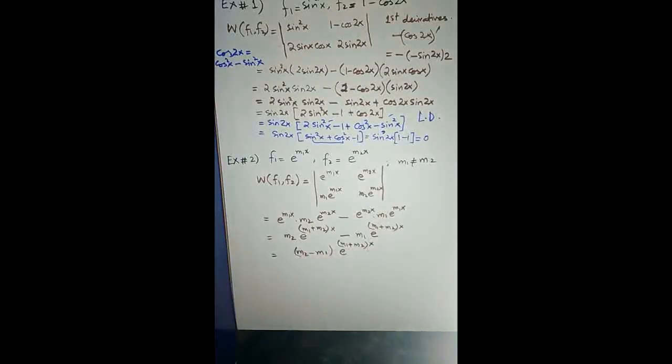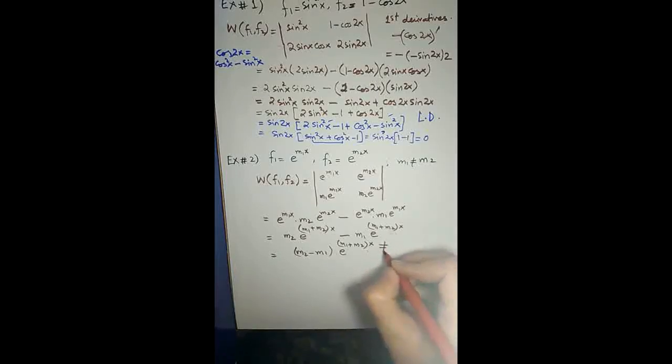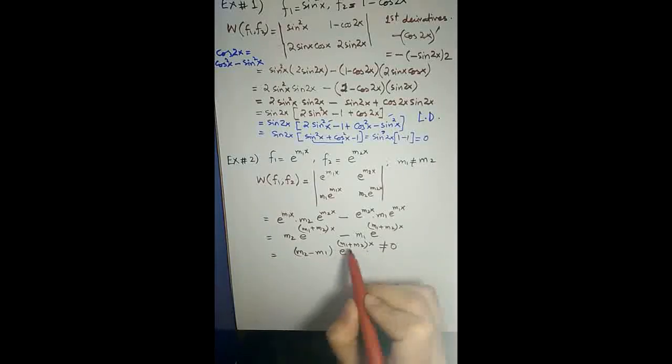You see that m1 is not equal to m2, so this combination can never be equal to 0, because m1 and m2 can never be equal.